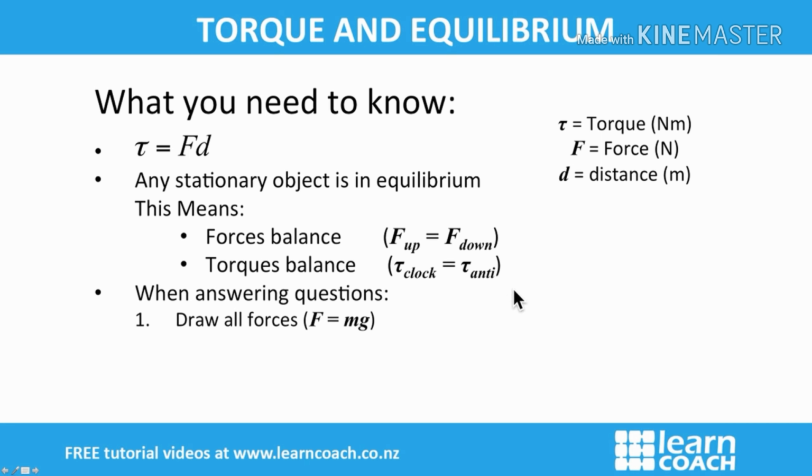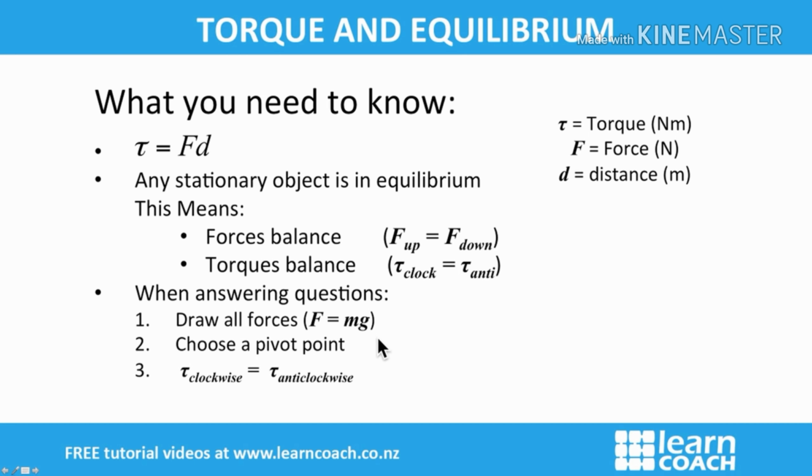You need to know that when you're answering these questions, the first step is to draw all forces. Most commonly they're going to give you masses and you're going to need to multiply them by gravity to get a force. The second step is you need to choose a pivot point. If you're finding the support on one side like support A, then you need to choose point B as your pivot point.